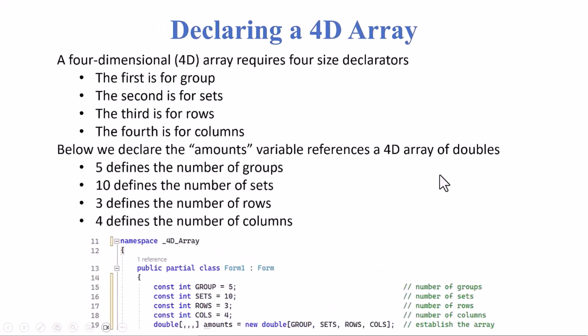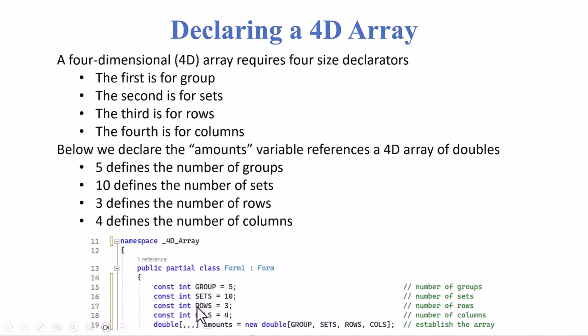So let's go forward. The four-dimensional array always requires 4 size declarators. The first is for group, the second for sets, the third is for rows, and the fourth is for columns. Again, the words group, sets, columns, and rows, you can use whatever you want there. Below, we're declaring the amounts variable referencing a 4D array of doubles, where 5 defines the number of groups, 10 defines the number of sets, 3 defines the number of rows, and 4 defines the number of columns.